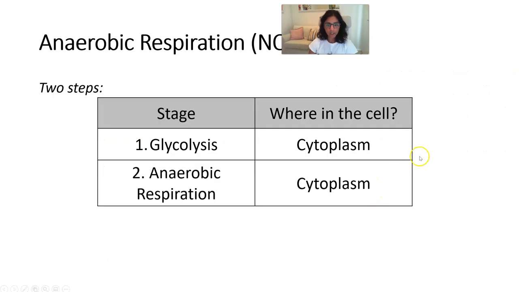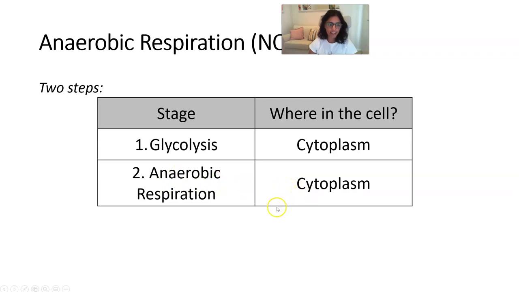Okay, so what we have learned so far is that in anaerobic respiration, there's no oxygen being used, and there are two stages. There's glycolysis, which occurs in the cytoplasm, and that is the breakdown of glucose into two lots of pyruvate. We then are forced down an anaerobic pathway where pyruvate is converted into lactate, and this also occurs in the cytoplasm.